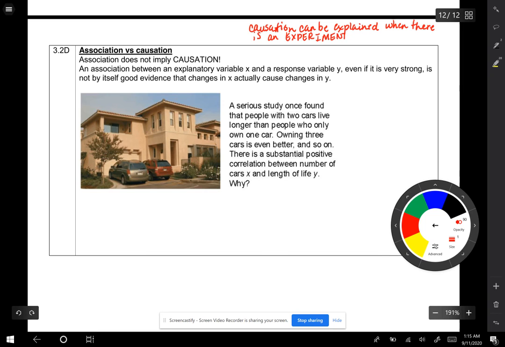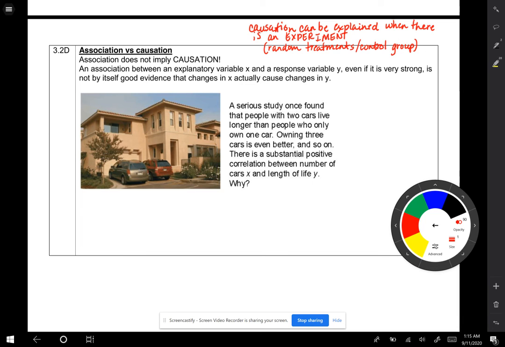So a good experiment would be having random treatments, having a control group, and so on, so that lurking variables can be managed. And we'll learn all about this in chapter 4. So let's take a look at an example here.